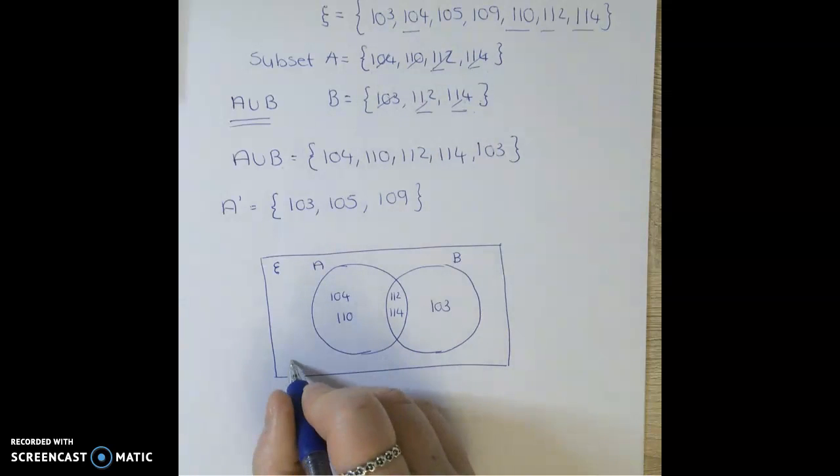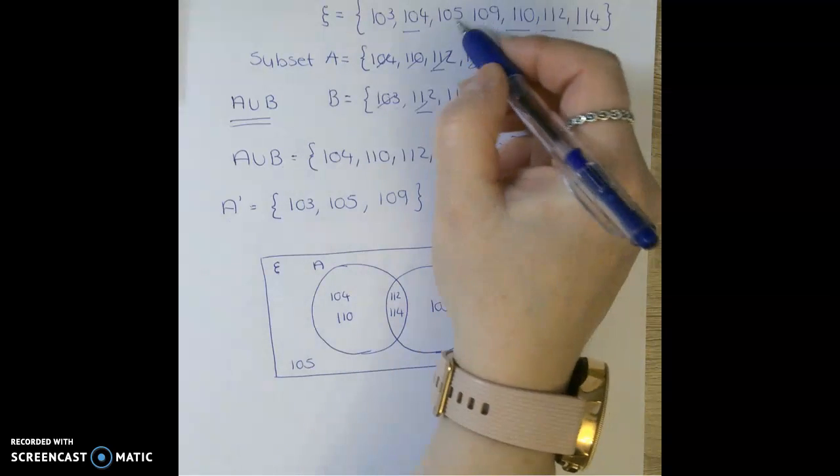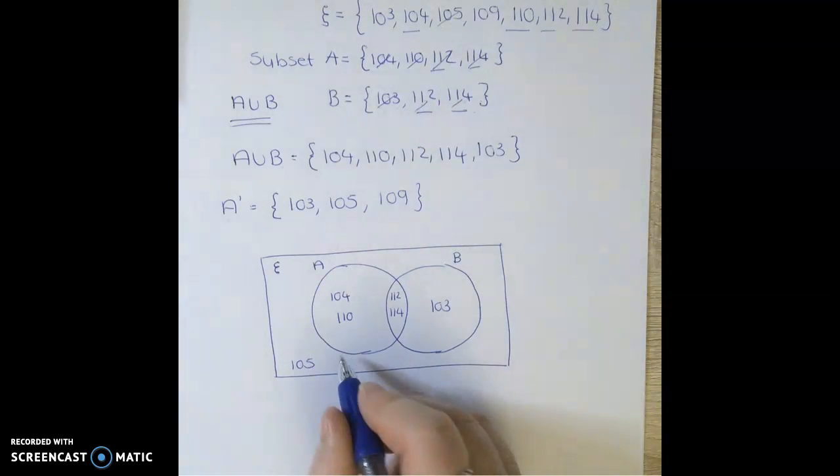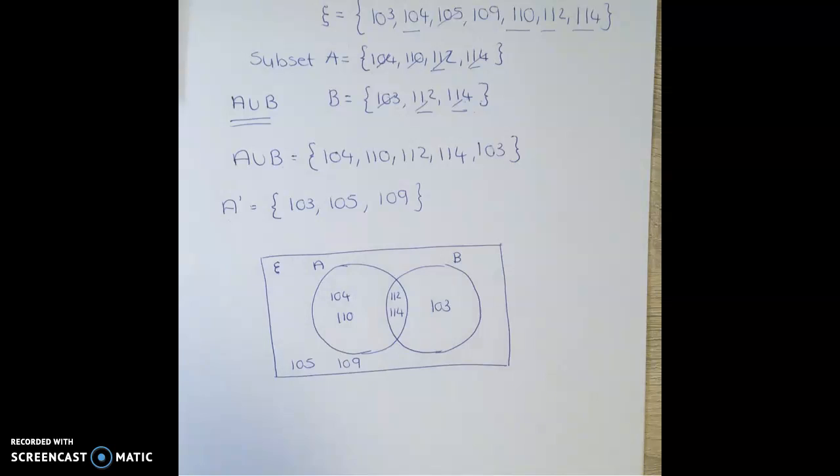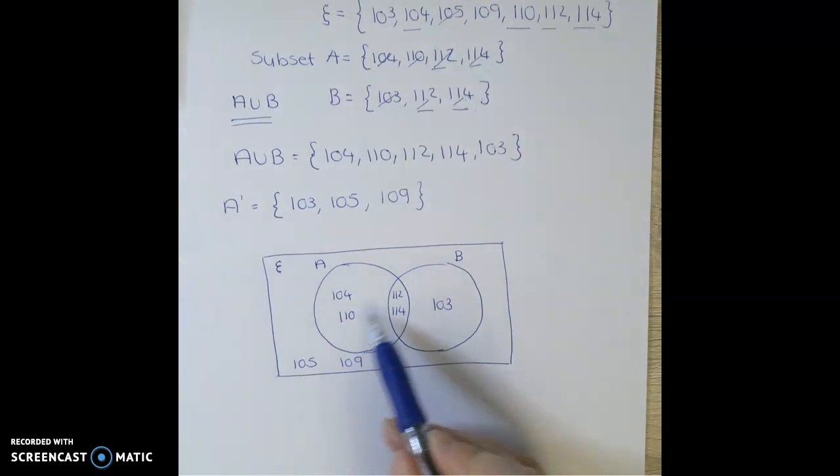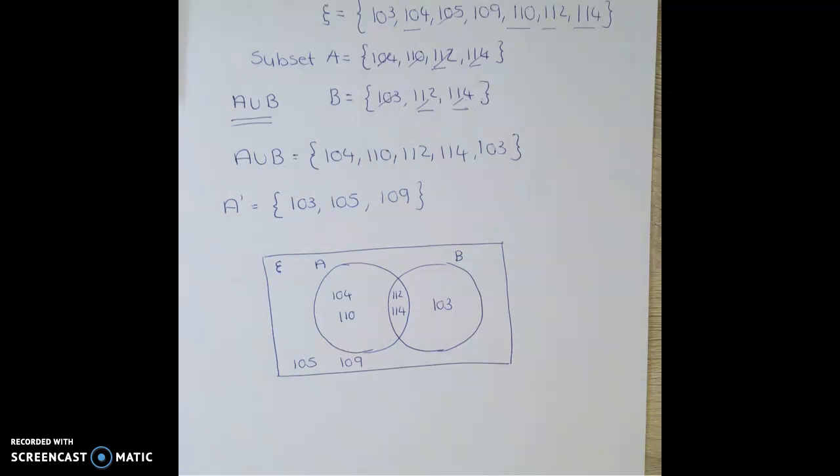So we have 105 and 109 left. 110, 112 and 114 are already in the sets. So these two numbers don't belong to any set and are part of the universal set, so they go within the rectangle and not inside a circle.